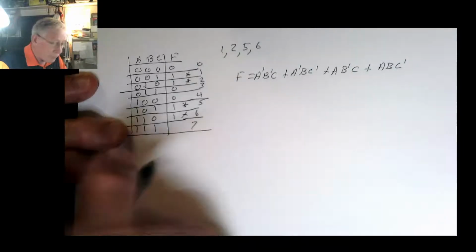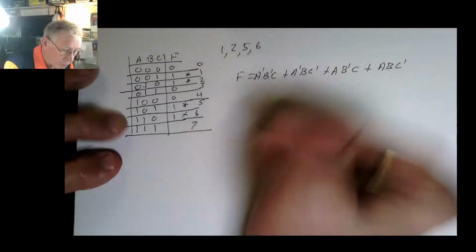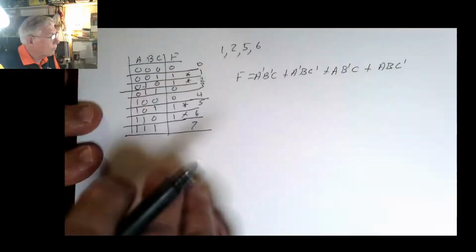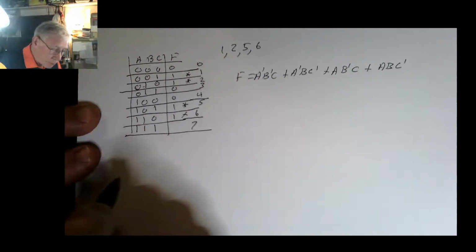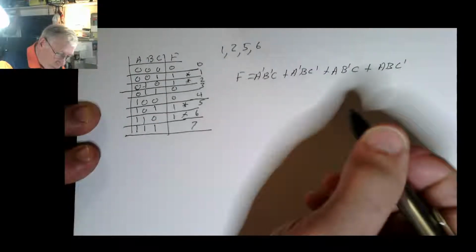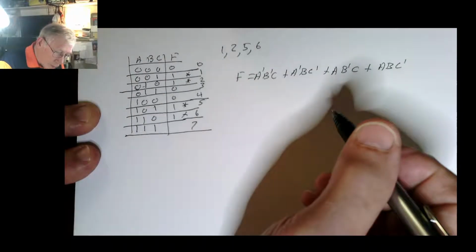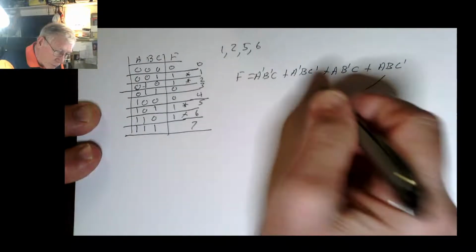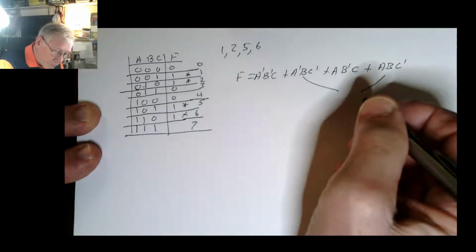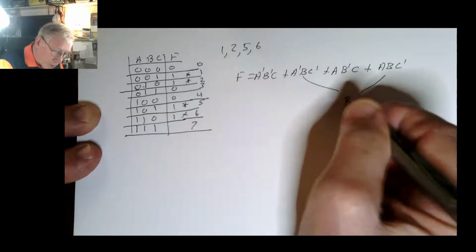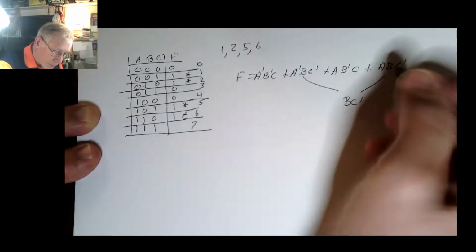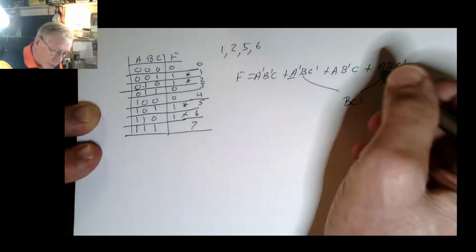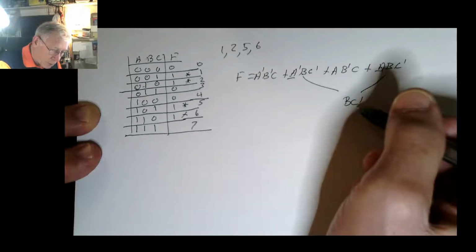Now, it turns out we can simplify this, by using S1, where we combine terms. We can take these two and combine them to BC prime, because we have an A prime B C prime, and here we have an A B C prime. So the A changes, but nothing else does, so we can drop the A and we get BC prime.